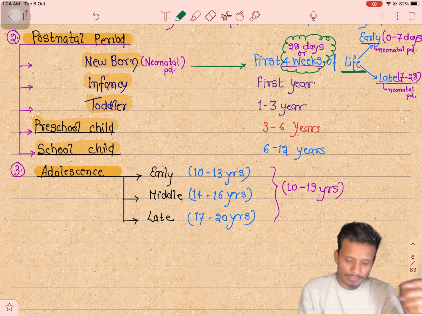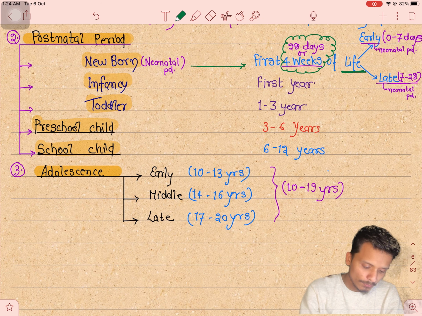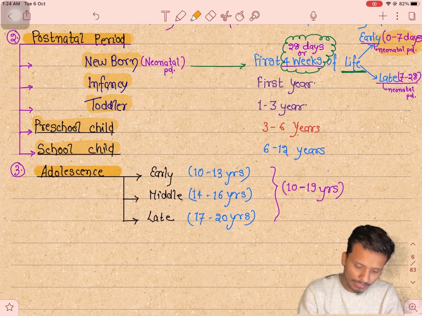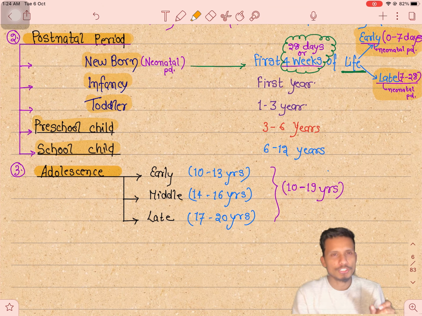The early neonatal period includes the first 0 to 7 days, and the late neonatal condition includes 7 to 28 days.